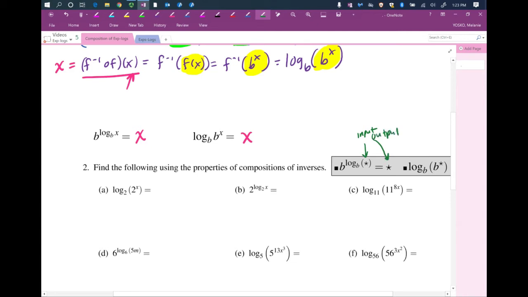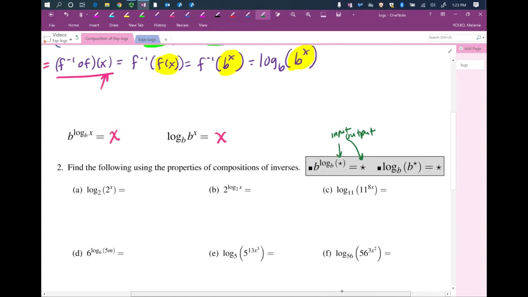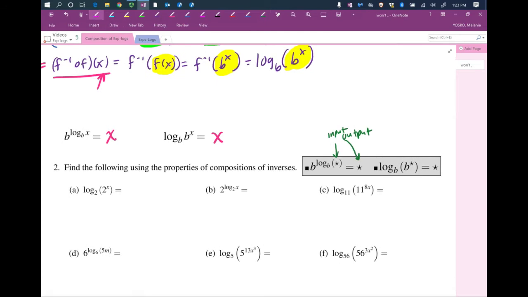It's going to be the same. Because these are inverses. You have b to the x and you're composing with log base b of x. Okay, and likewise over here. Log base b of b to something is equal to the something. Whatever this input is, that will be your output. Now the kicker here is that all the bases must be the same.